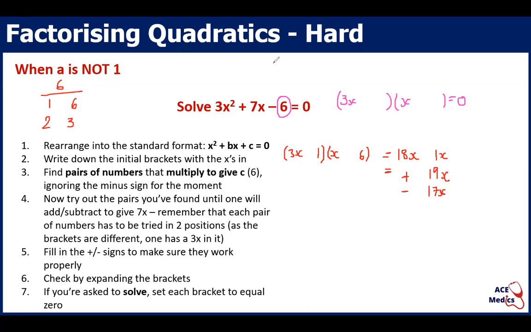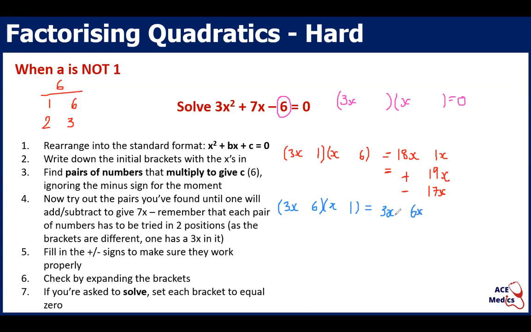That's one possible option. Our next possible option is if we have 3x and we have the 6 here instead, and we have the 1 here. If we multiplied the outies, we'd get 3x, and multiplied the innies, we would get 6x.